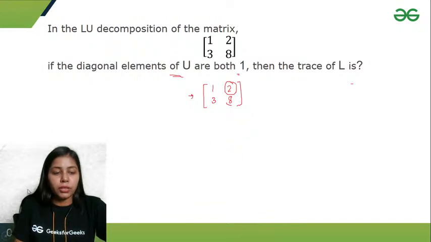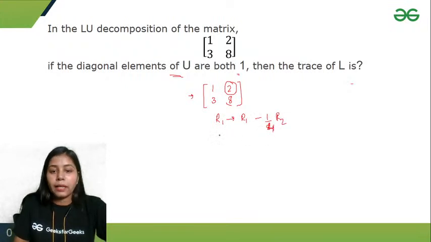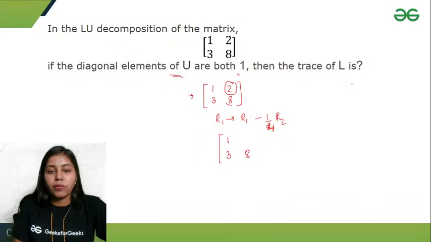So I'll use the operation first. R1 becomes R1 minus 1/4 R2, right? What would I get? 3, 8, let's write it as it is. No, you can't do that.